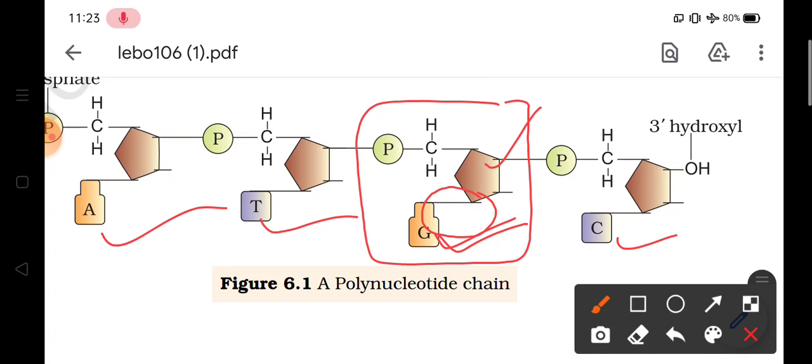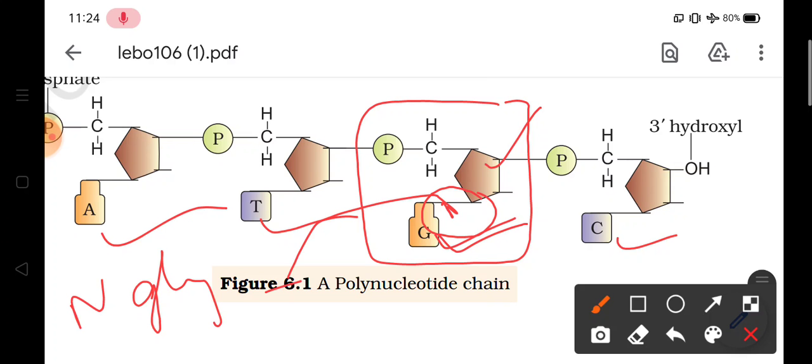And the nitrogenous base is attached with the pentose sugar by a linkage or a bond, and the name of the bond is glycosidic bond. So the bond here is named as glycosidic bond or glycosidic linkage. And this will be called a nucleoside. Then the nitrogenous bases will be named as adenosine, in place of adenine it will be called adenosine.